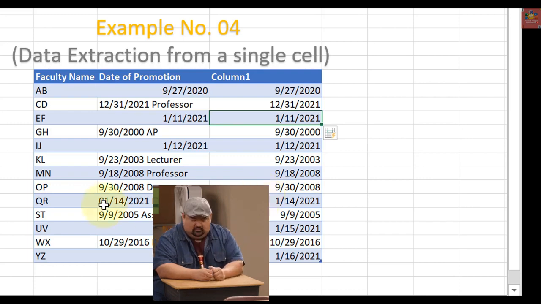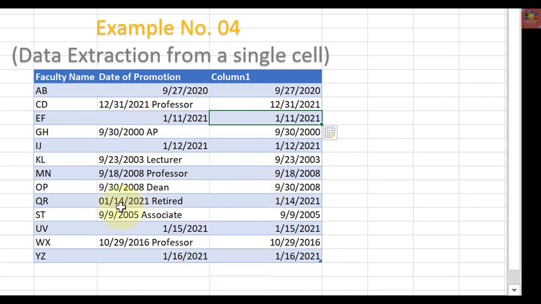First 14th January 2021 is listed there, and 15th January listed there, 29th October here. So you see that it's very simple that we can extract some data from a single cell where a bunch of other data is also present. It's pretty simple using flash fill.